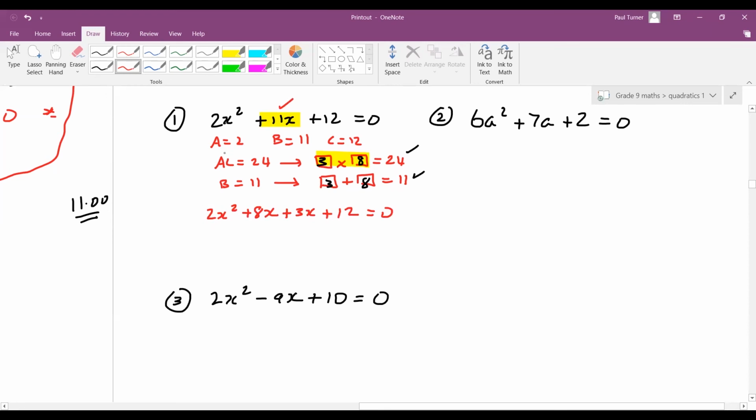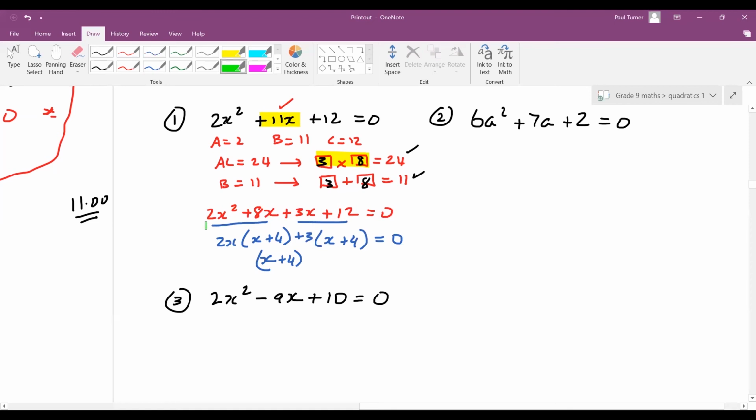So then let's factorize the first bit and this bit. So 2x, so we'll have 2x, x plus 4, plus 3, x plus 4 equals 0. Okay, so we've got x plus 4 as the common factor, so that can come out.